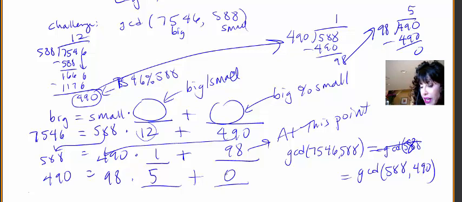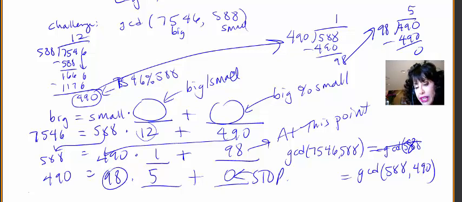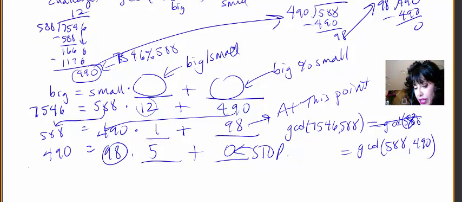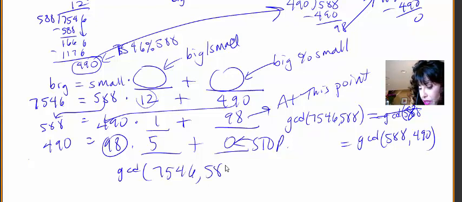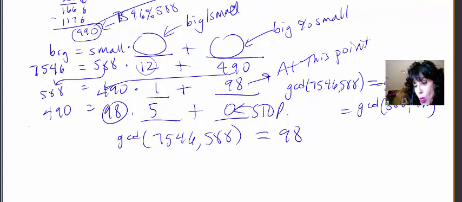So that's lovely, and then the algorithm says stop, and 98 turns out to be the GCD. Okay, so what can we write at this point? We can write that the GCD of 7,546 and 588 is 98. Nice.